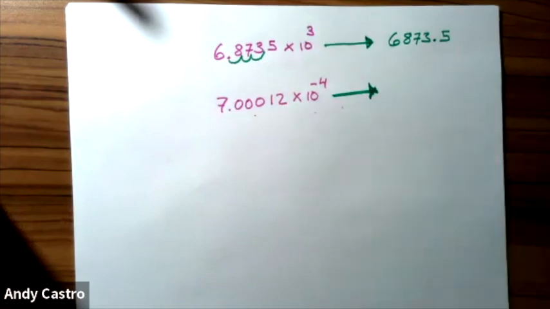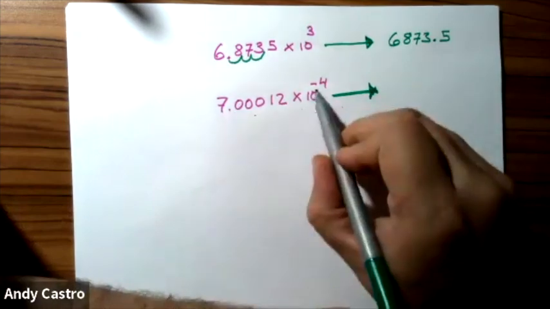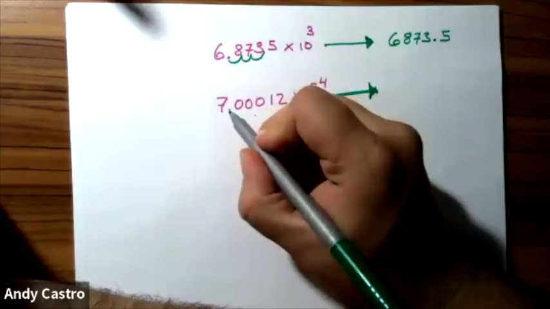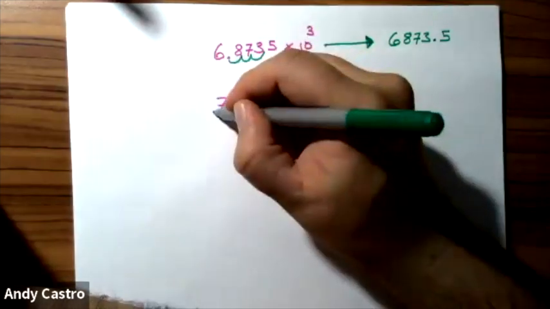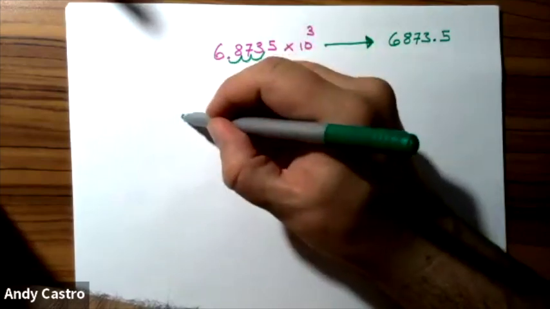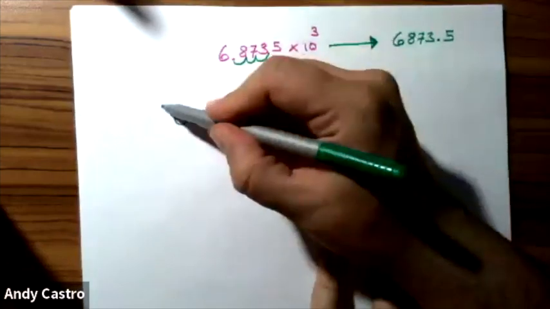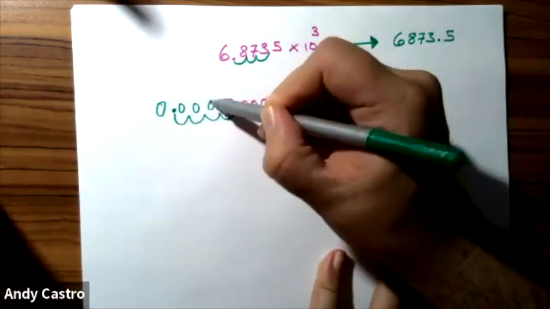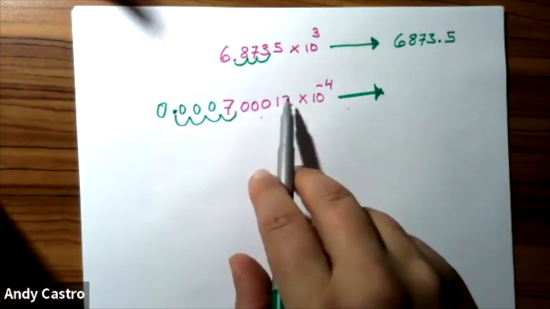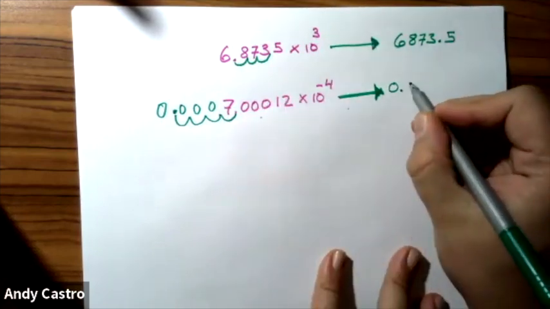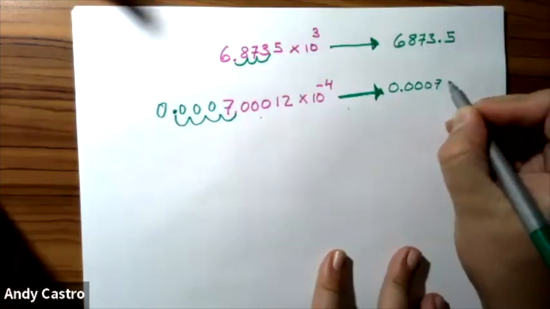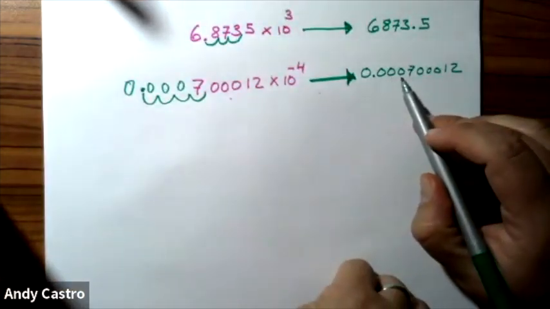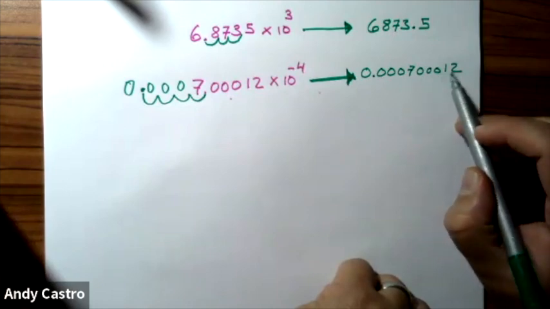Well, I start here, and rather than going to the right, like I did here 3 spaces, this is a negative 4, so I'm going to go to the left 4 spaces. 1, 2, 3, 4. So that number would be 0.000700012.